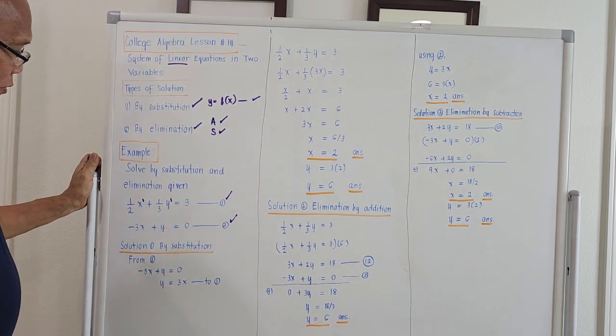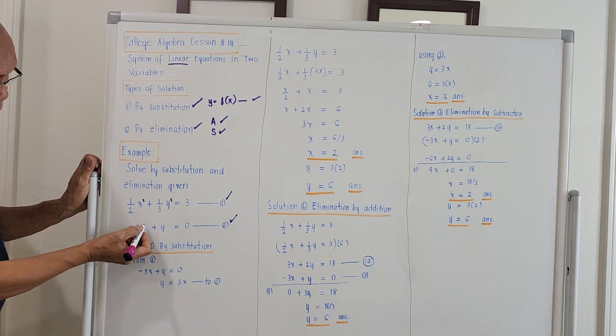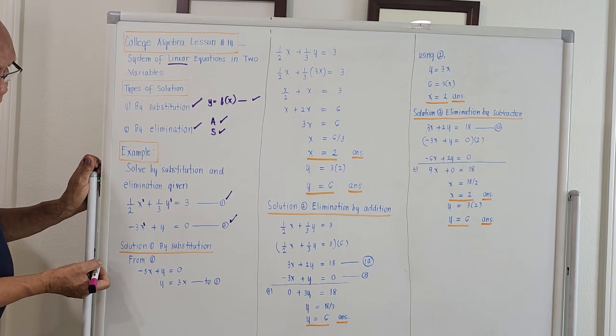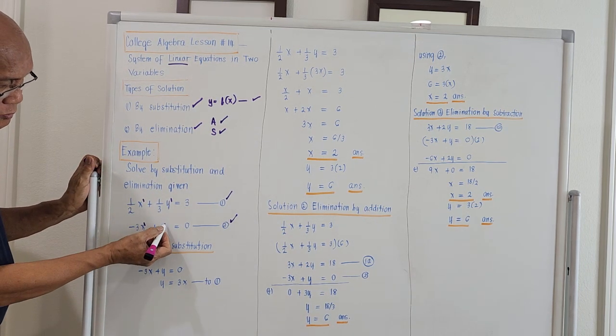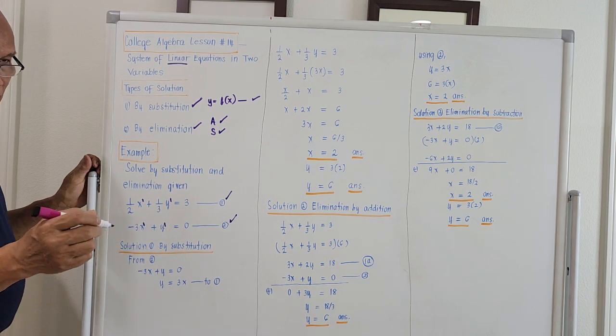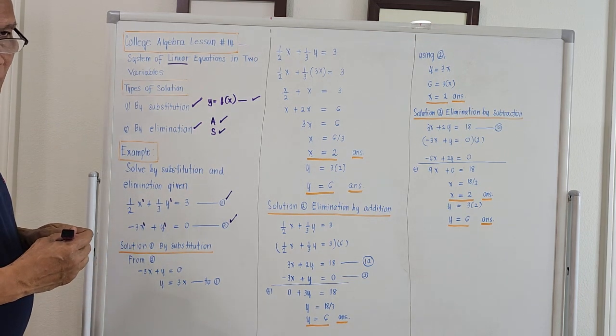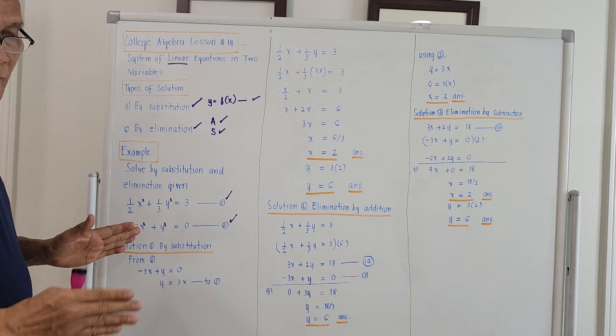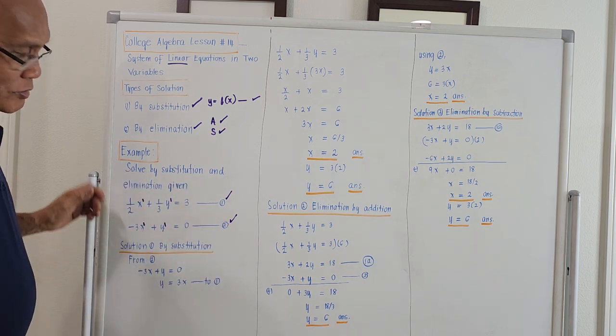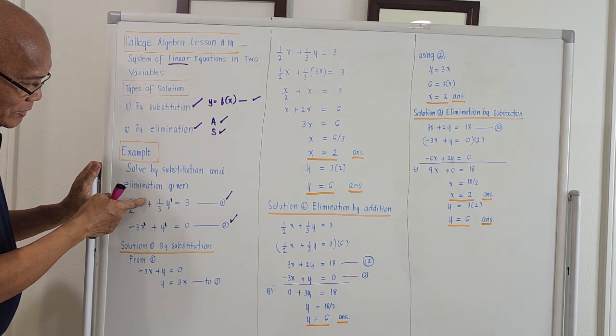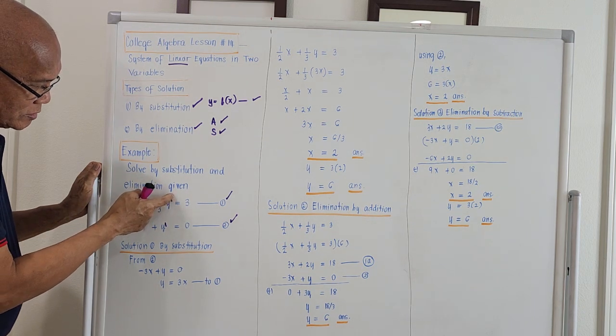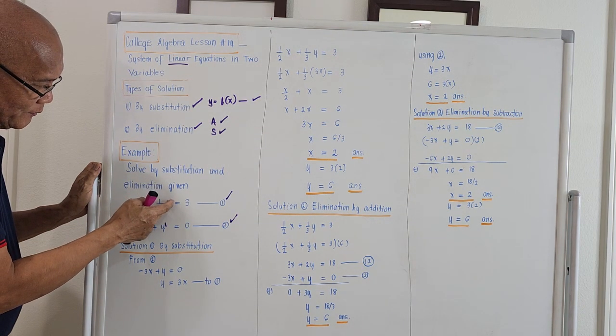For the second equation, the highest power of x is also 1, and the highest power of y is also 1. But under the study of algebra, if the exponent is 1, we don't write it anymore. It will just be simply x, or simply y.